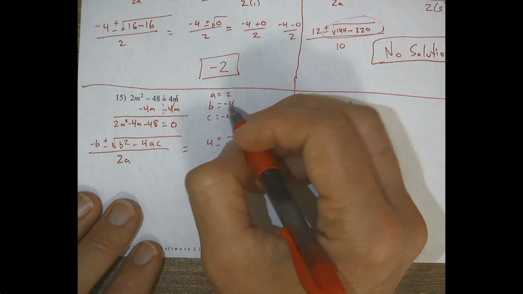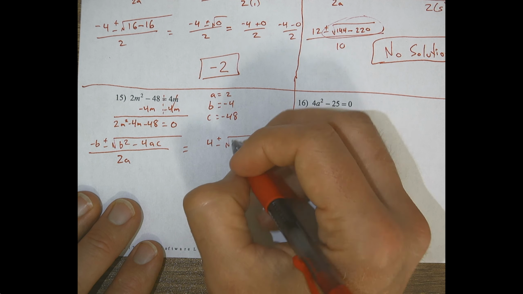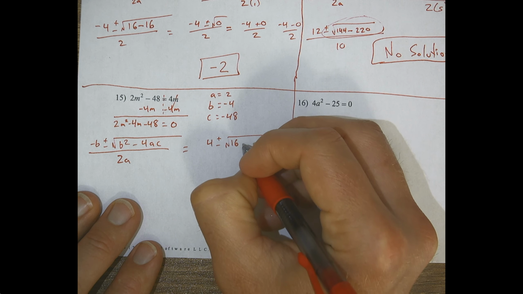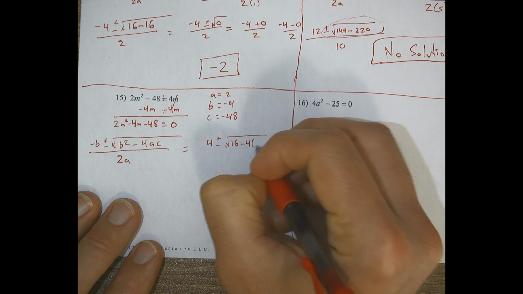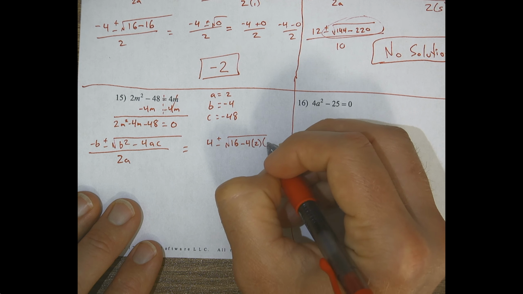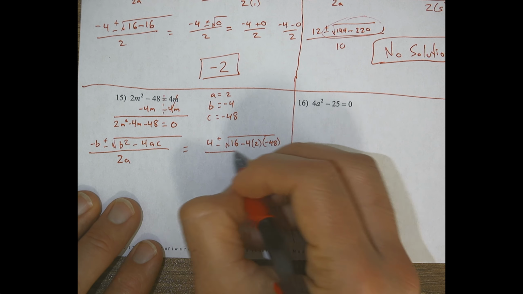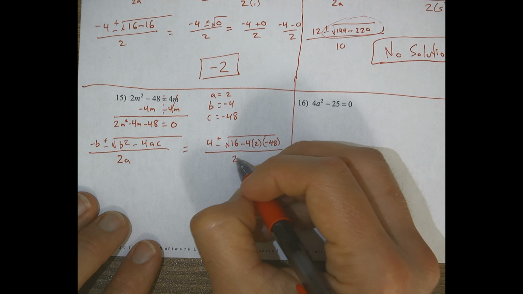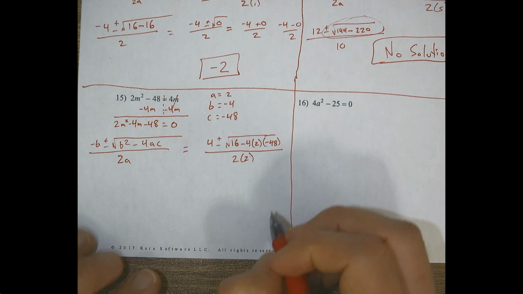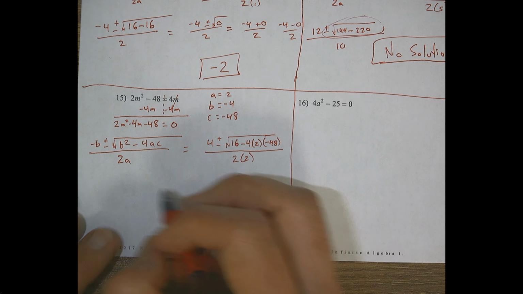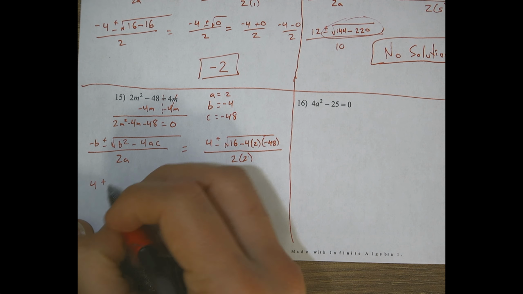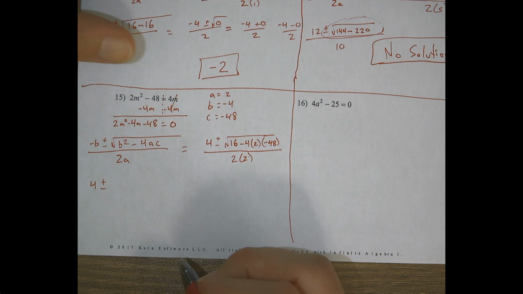Okay, b squared, negative 4 squared, negative 4 times negative 4, that is 16, minus 4 times a times c, which is negative 48, and that is over 2 times a, so 2 times 2. All right, let's bring it down.